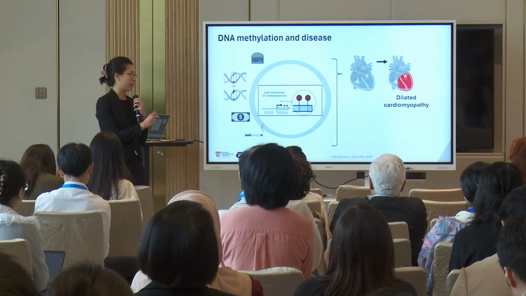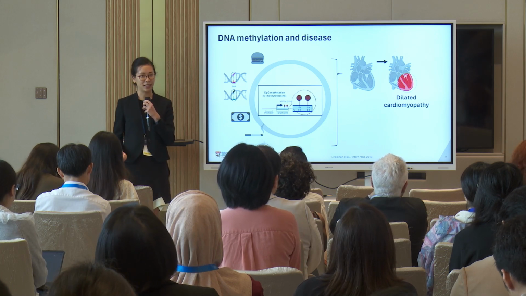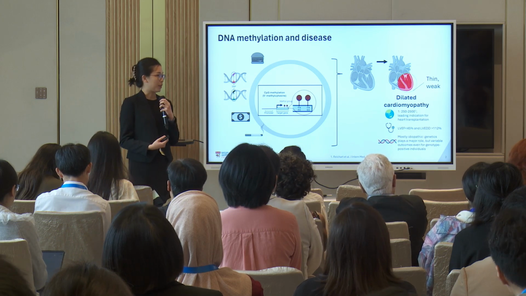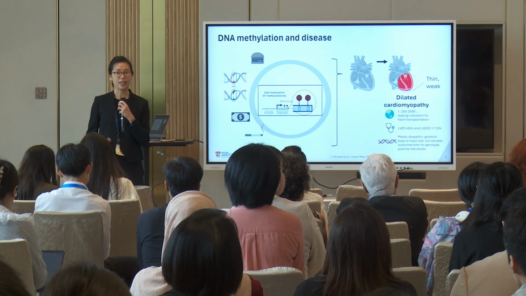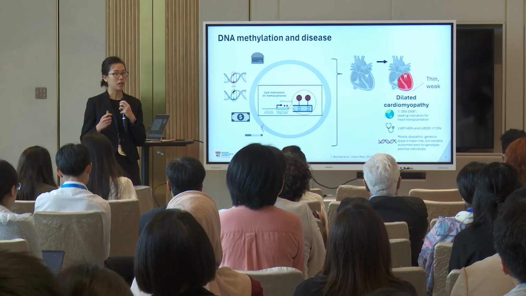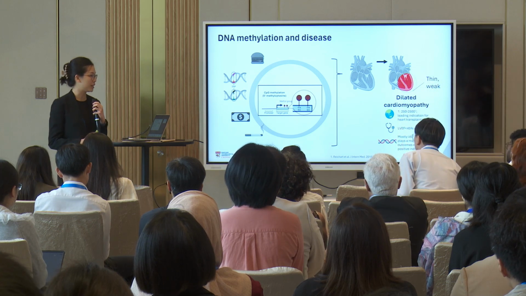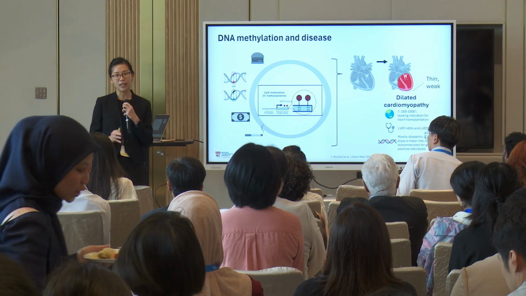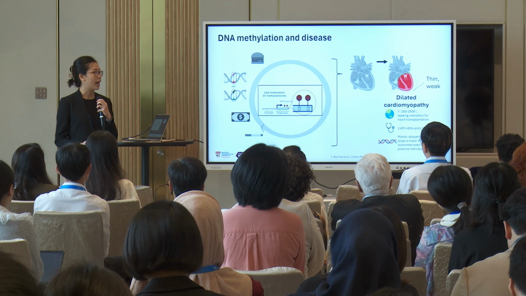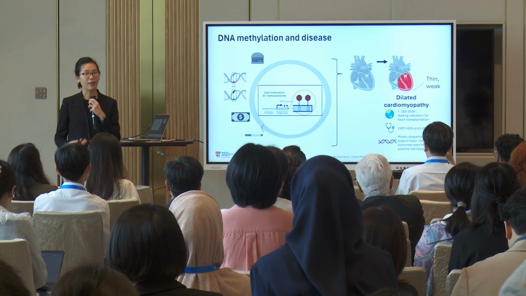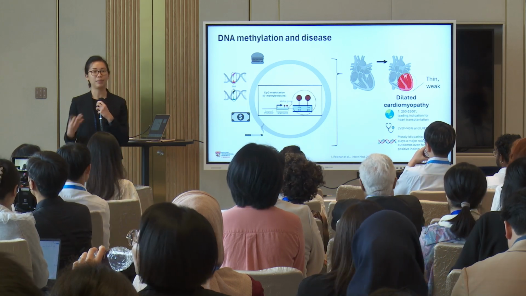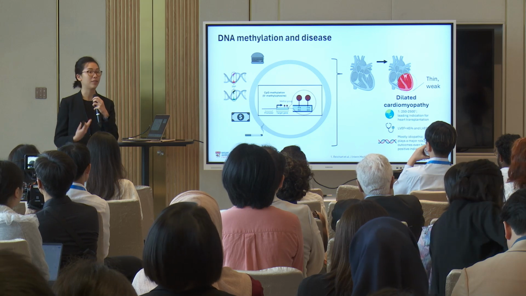So this epigenetic mark in particular has been studied in various disease contexts and also in cardiovascular disease. And dilated cardiomyopathy, which is characterized by a thinning and weakening of the left ventricular walls, is one of the etiologies of heart failure and is notoriously heterogeneous. So what this means is that even though there's no clear cause assigned for most of the cases, rendering it idiopathic, and even though more and more we are finding that the cases have a genetic basis, this genetic basis still doesn't completely explain the various manifestations and severity of disease.